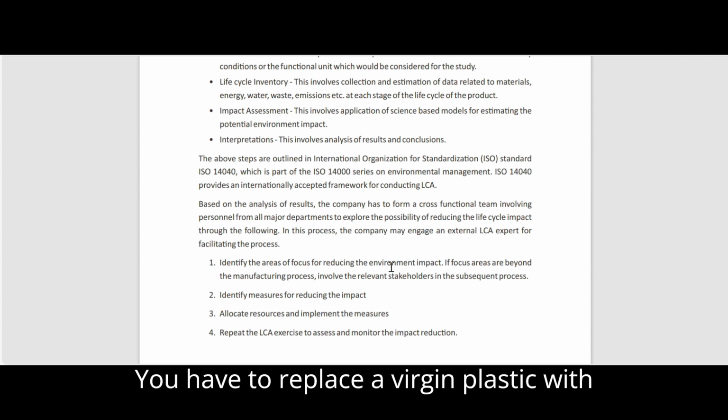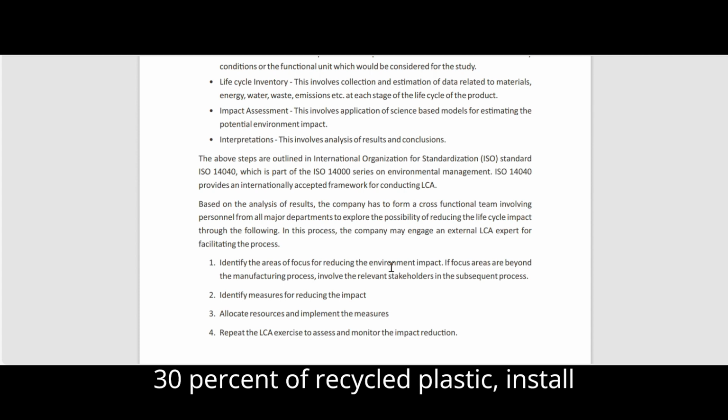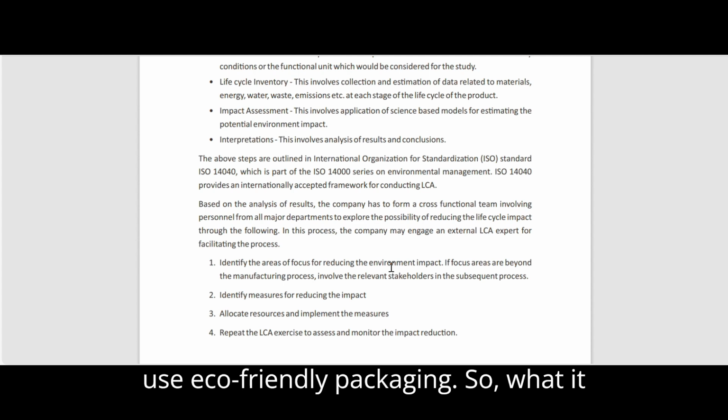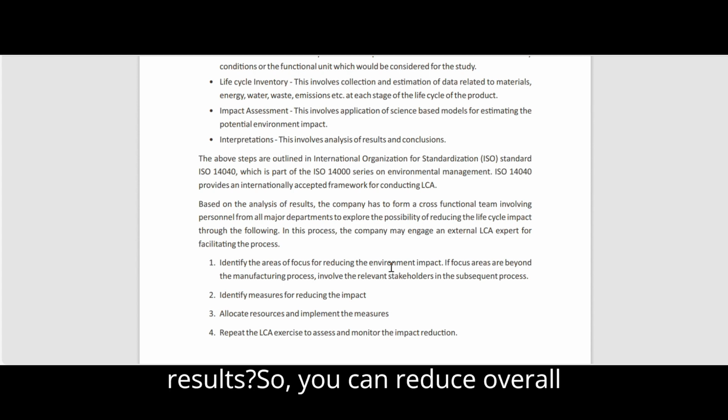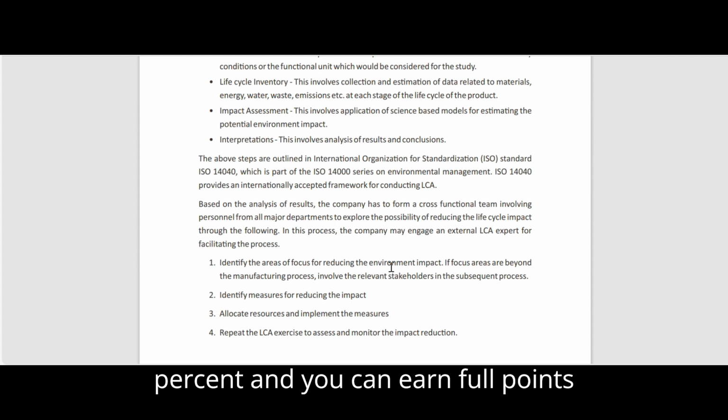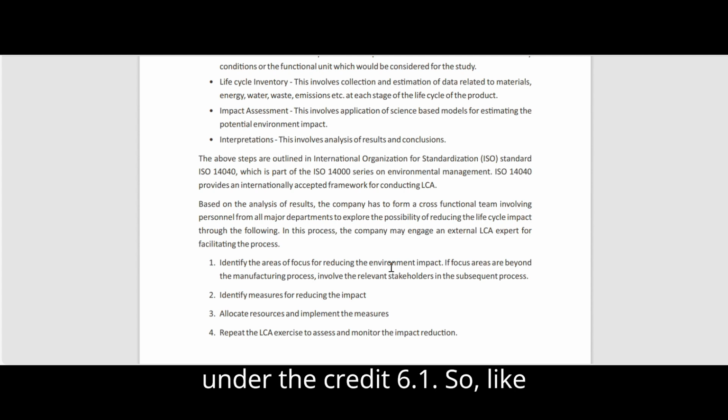So what you do is replace virgin plastic with 30% recycled plastic, install energy efficient machines, and also use eco-friendly packaging. As a result, you can reduce overall carbon impact by 6%, and you can earn full points under credit 6.1. So like this.